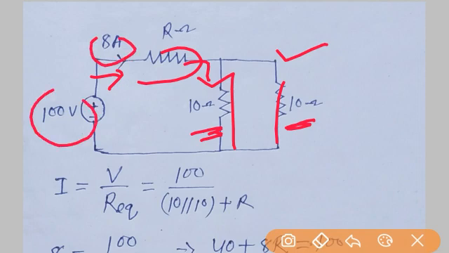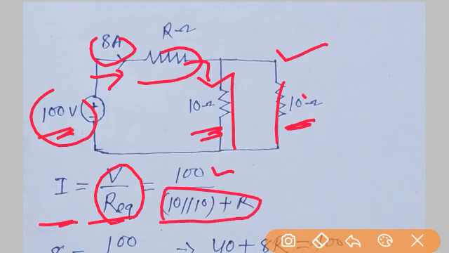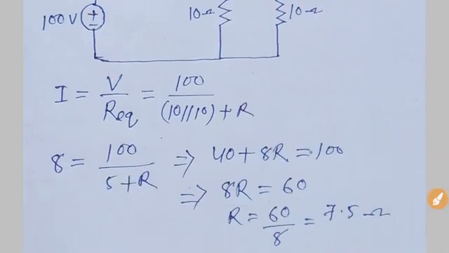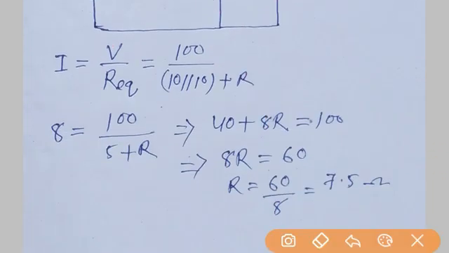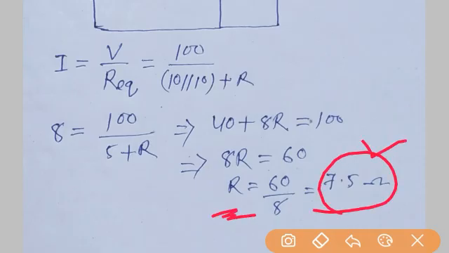So the circuit current I equals V by R equivalent, that is 100 divided by R equivalent, where R equivalent is 10 ohm parallel with 10 ohm in series with R ohm. Calculating this, we get 7.5 ohm as the correct answer. So R equals 7.5 ohm.